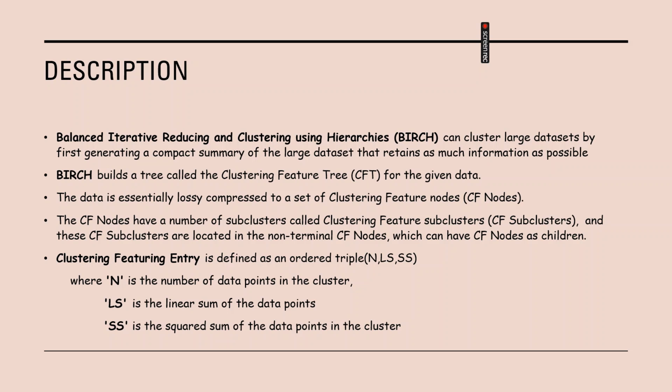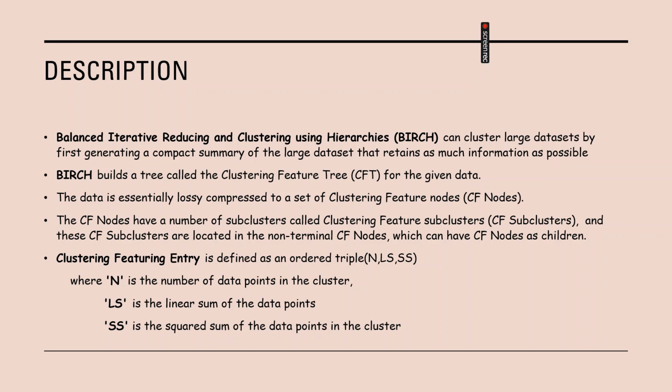These CF nodes might have a number of subclusters called clustering feature subclusters, and these CF subclusters are located in the non-terminal CF nodes. These can have CF nodes as their children. First, the BIRCH algorithm will create a clustering feature tree. In that tree, we will have clustering feature nodes, and in the clustering feature nodes, there are clustering feature subclusters, which are located in the non-terminal CF nodes, and they can have CF nodes as children.